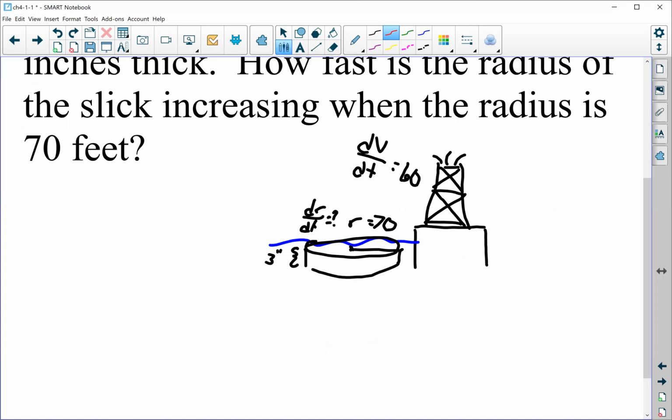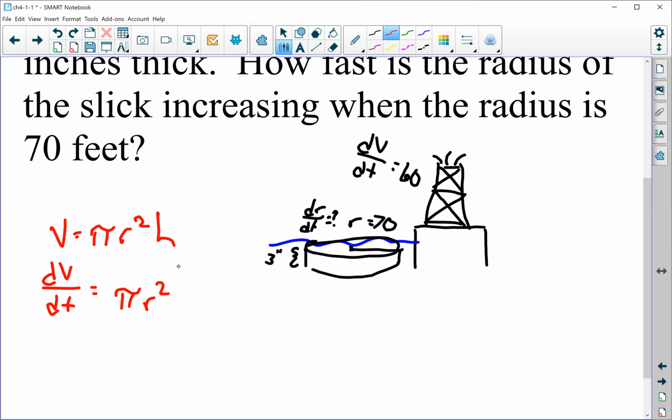So the volume of a cylinder is pi r squared h. So we're going to take the derivative with respect to time, dV over dt. Pi is just a constant.